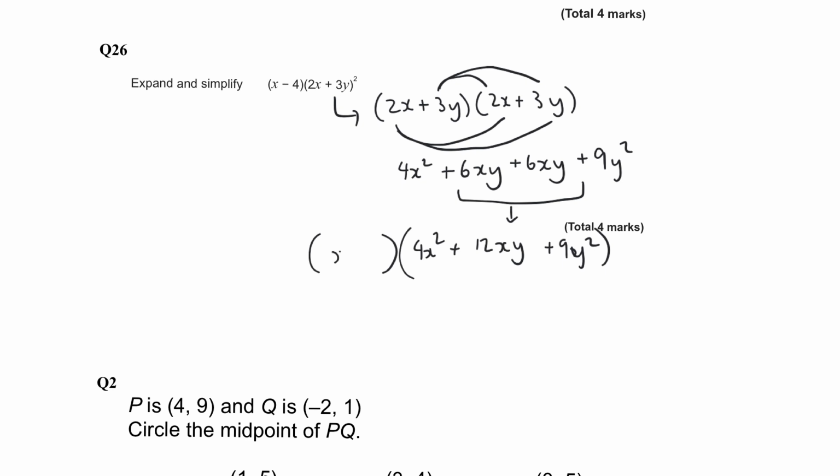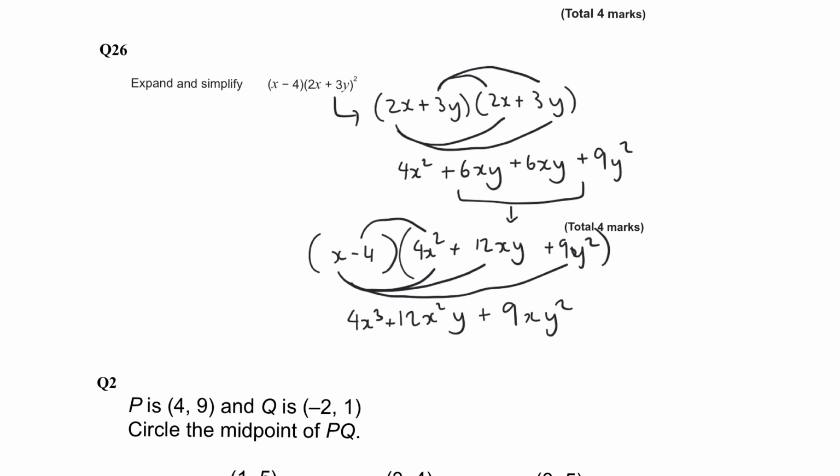Now we can multiply it by the single bracket. I always draw the lines to help me not mess anything up. So x times 4x squared would be 4x cubed. x times 12xy would be 12x squared y. And then that would be 9xy squared.